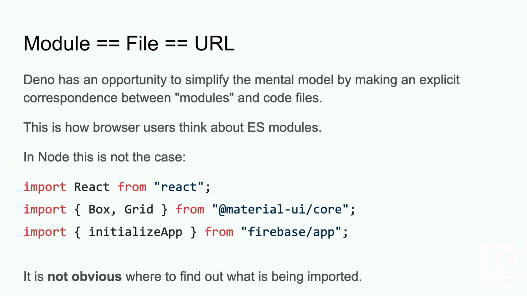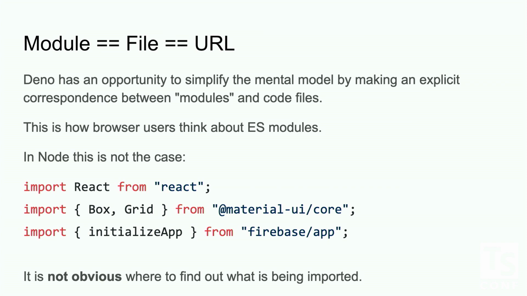And if you're in TypeScript and you're making a relative import to another TypeScript file, it's not totally clear that the concept of a module and a file aren't necessarily the same thing when you're programming with Node. And in Deno, we're making this explicit.